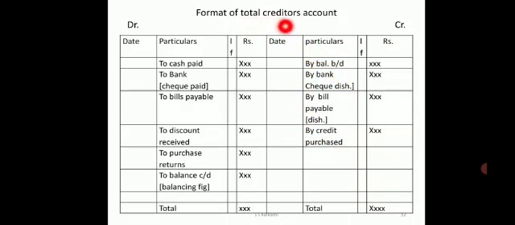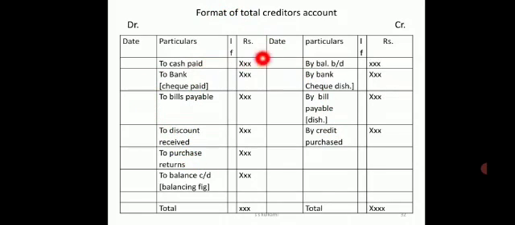Now why is it so? Because whenever we classify, the total debtors account or creditors account will be taken as an asset account or liability account. So when it comes to creditors, we will apply the rule of a liability account. So all my increase in creditors is going to be credited and decrease in creditors will be on the debit side.